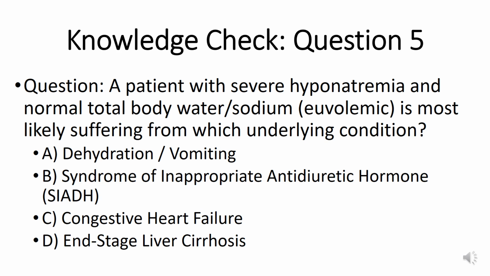Syndrome of inappropriate antidiuretic hormone often responds to fluid restriction and correction of the underlying cause, whereas hypovolemic and hypervolemic forms require different approaches. The key takeaway is simple. A patient with severe hyponatremia who appears clinically euvolemic is most likely experiencing inappropriate antidiuretic hormone secretion. Therefore, the correct answer is option B, syndrome of inappropriate antidiuretic hormone secretion, or SIADH.